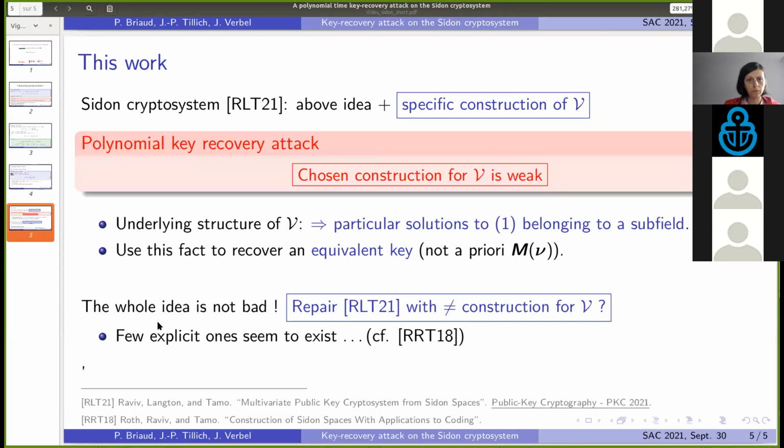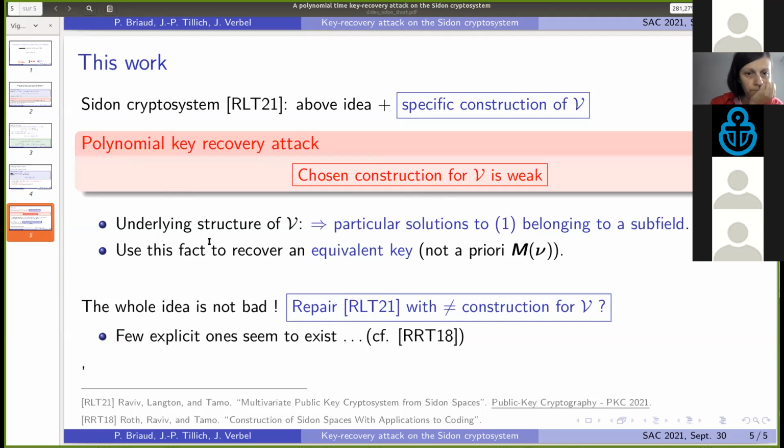So now, the Sidon cryptosystem uses a very specific construction for the Sidon space V. And what we show in this paper is that if you use this very same construction, the key recovery attack by solving the previous min-rank instance is in fact really easy. This is because first we are able to show that this min-rank instance has many solutions, and due to the structure of the Sidon space V, these solutions belong to a subfield.